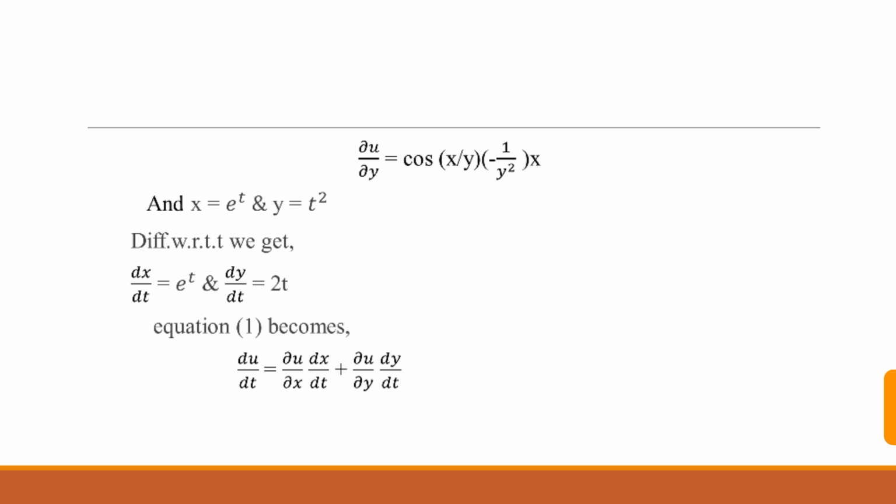Equation first becomes du by dt is equal to del u by del x into dx by dt plus del u by del y into dy by dt.